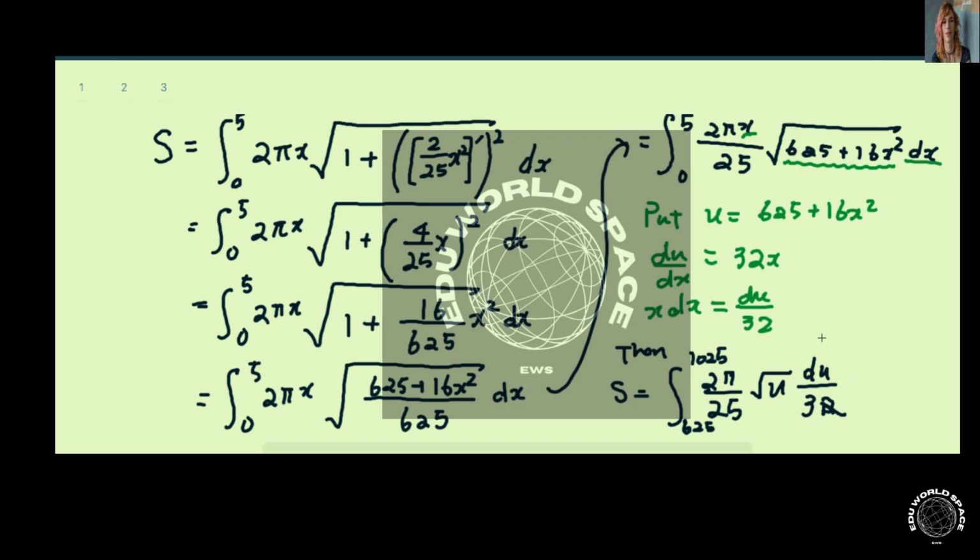So this is the new integral that we want to solve for. All right, we're almost there. So surface area is now the integral from 625 to 1025 of 2 pi over 25 square root of u du over 32.